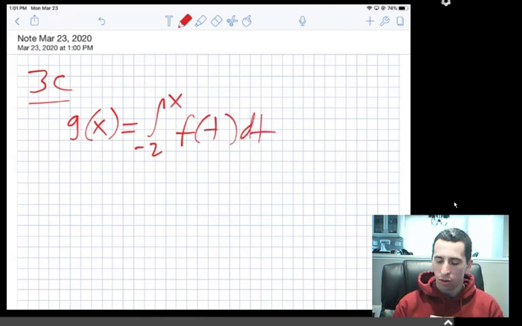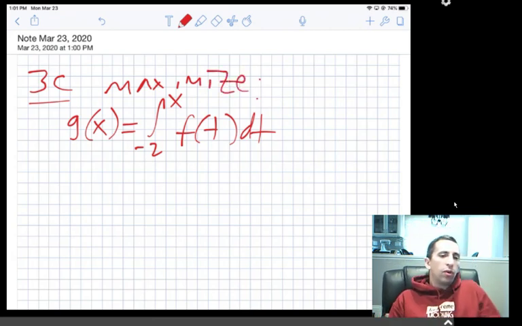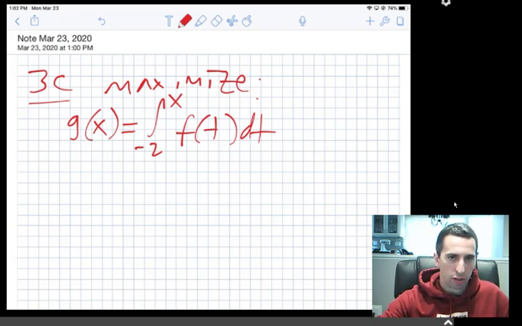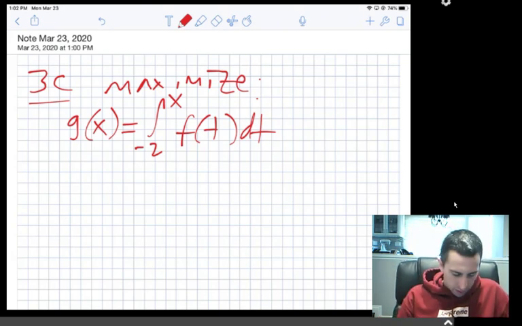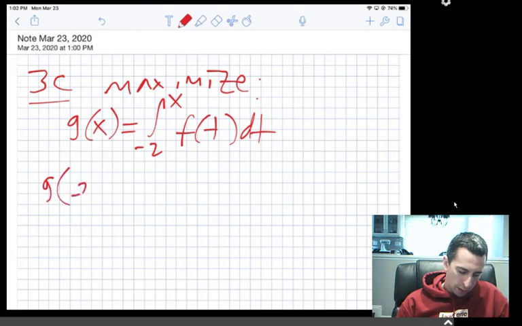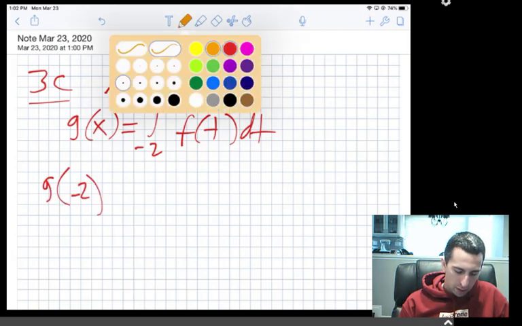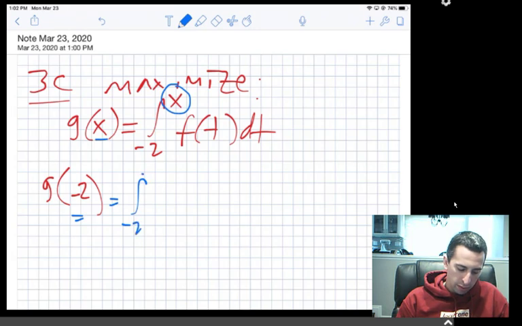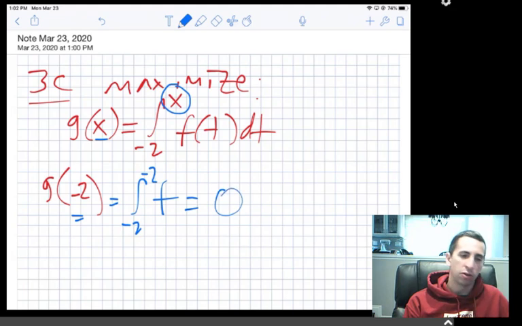So that's the function you're trying to find the maximum or the minimum value of. So if you want to do so at a particular place, for example, let's do one of the endpoints. Let's say -2 is an endpoint. If you want to find g of -2, that's saying you plug in -2 for the x. So g of -2 is the integral from -2 to -2 of f. Well, the integral from -2 to -2 of anything is just 0.